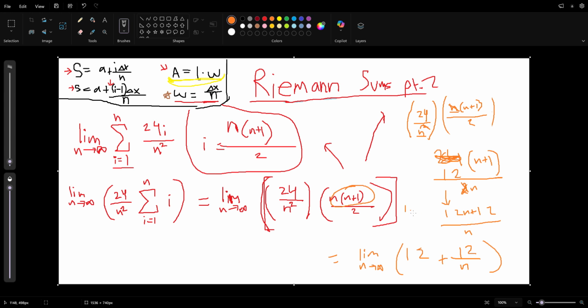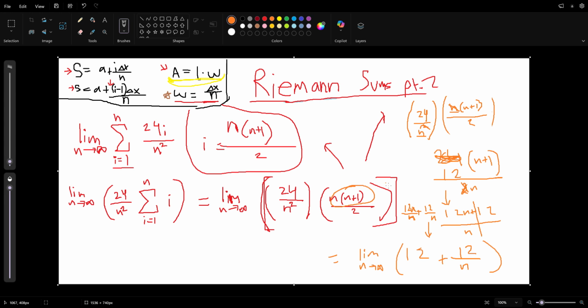Now I just did 12n over n plus 12 over n. I just split both of these down the middle, took out the n, and then we're left with 12 plus 12 over n as limit of n approaches infinity.